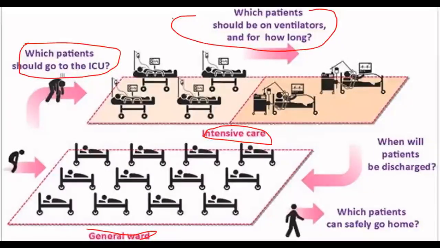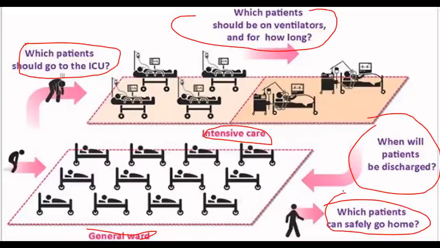And in a general ward, there is a problem of when a patient will be discharged and which patient can safely go home. And this image is courtesy of a medical science journal.